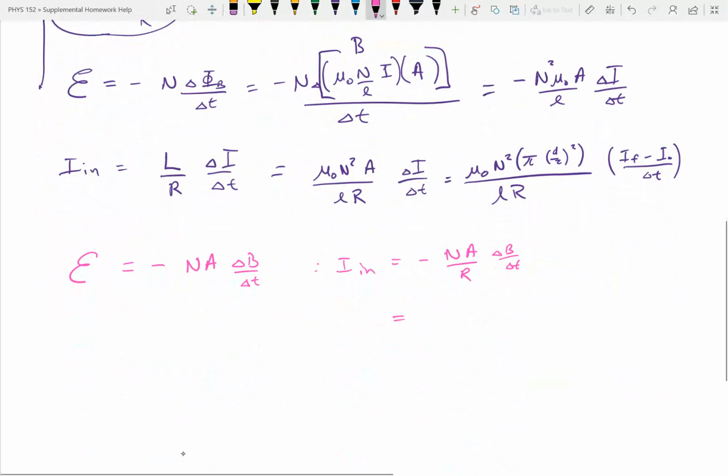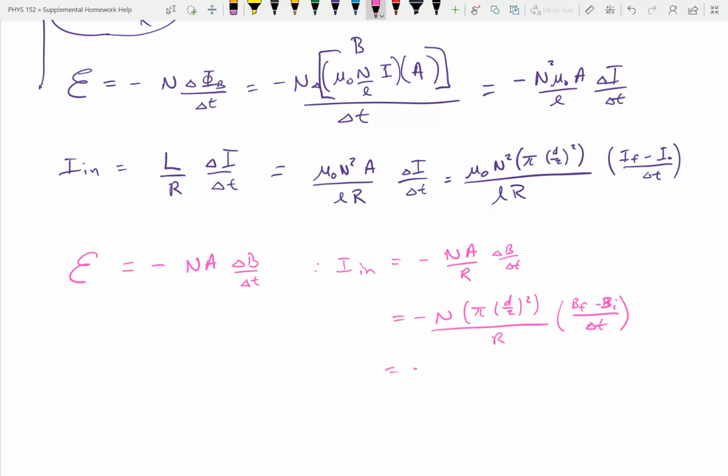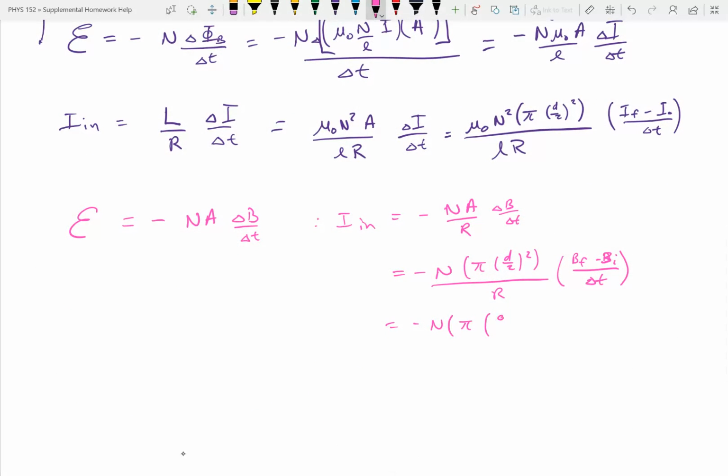Without knowing A, I'm still going to get a value that's a multiple of N.